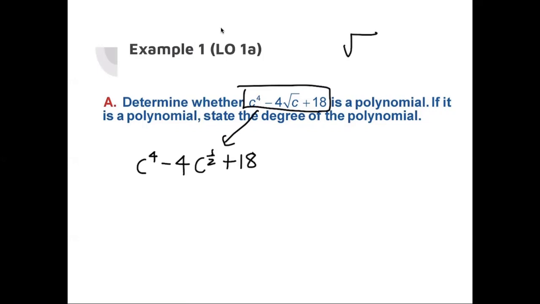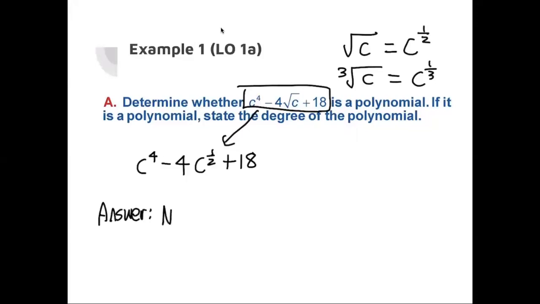Yes, a square root is also the equivalent of c to the power of 1/2. The cube root is equivalent to c to the power of 1/3. Okay, so basically, because the second term has a root, if we change the format, it has a fractional exponent. So when we're writing the answer, we can say that no, it is not a polynomial.